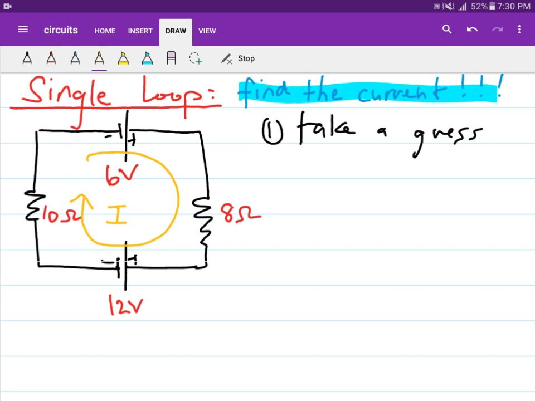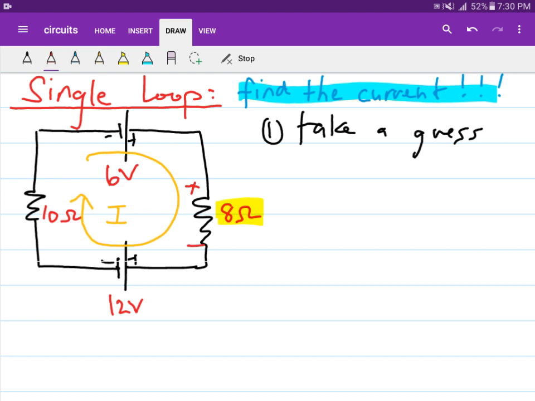Okay, so this current I will cause a polarity on this resistor. For this first 8 ohm resistor, it will cause a polarity of high to low.